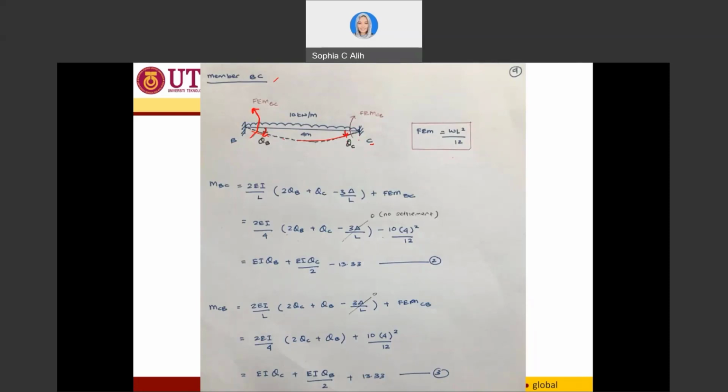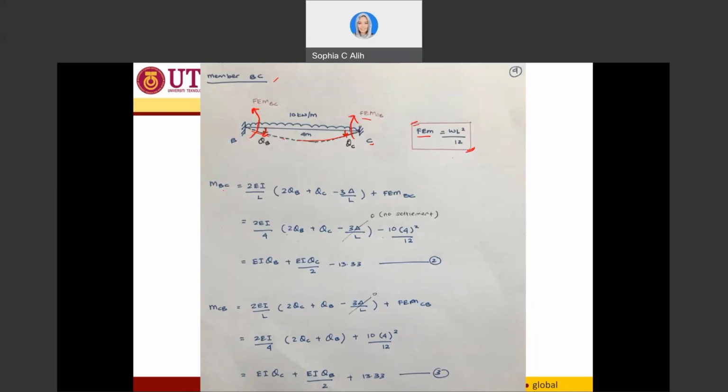So I will have FEM CB to be clockwise direction. And since I have 10 kilonewton meter of uniform distributed load, for my fixed end moment I can use WL square over 12.